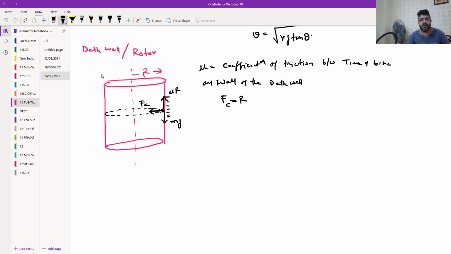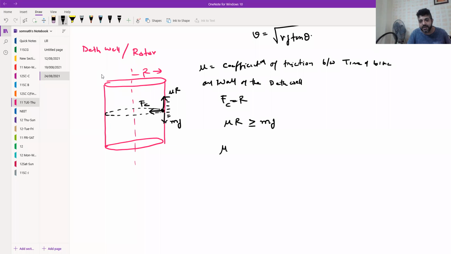Yes, sir. So that means the frictional force must be greater than the weight, then and only then it will be possible. If the weight is greater than the frictional force, it will move downward. But if the frictional force is greater than weight, that friction can hold the bike with the biker. So the frictional force, mu R, is greater than or equal to weight.